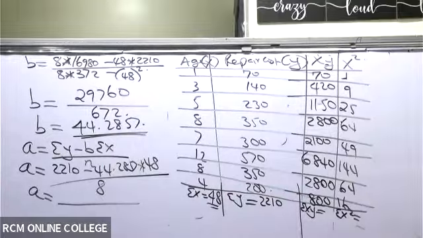Is there somebody who is able to give me the numerator for getting the value of A? To get the numerator, we are taking here 2210 minus 44.2857 times 48.